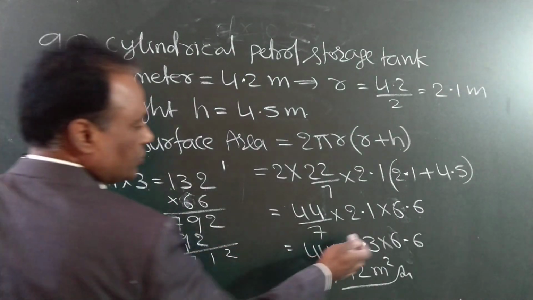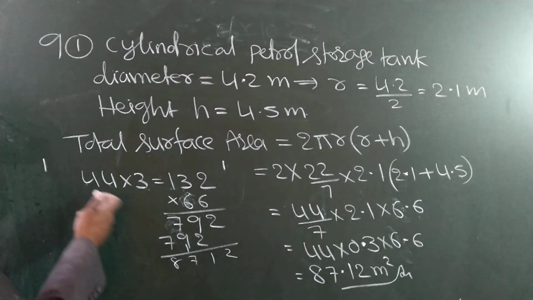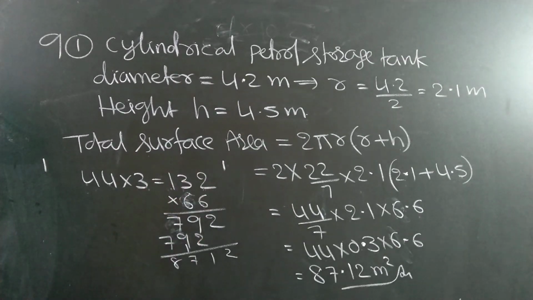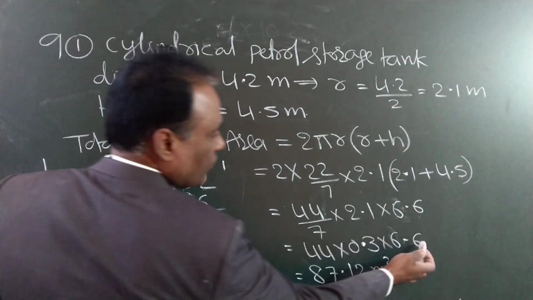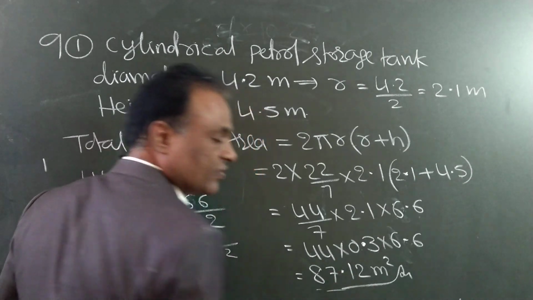First 44 into 3, then multiply with 66. After that you keep the decimal. 44 into 3 is 132, into 66. So approximately the value is 8712. But 1 digit, before 2 digits you put the decimal. So this is the answer.